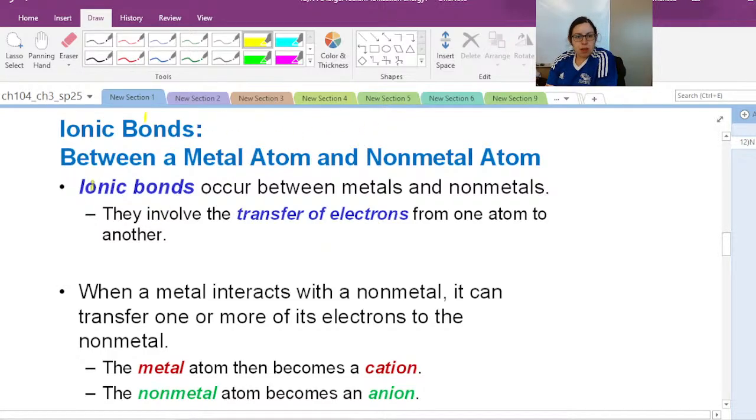And so an ionic bond occurs between our metal and our nonmetal formally. Sodium would be considered our metal, chlorine our nonmetal. You can think about those in their elemental form and their properties. And so it involves a transfer of electrons.